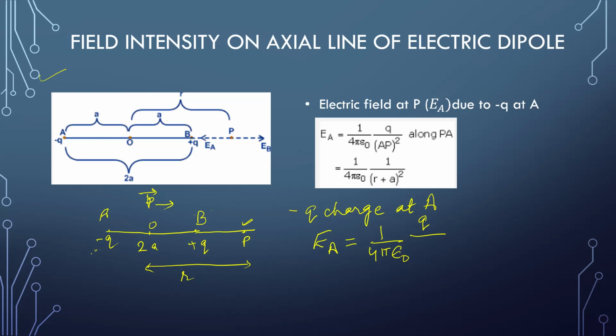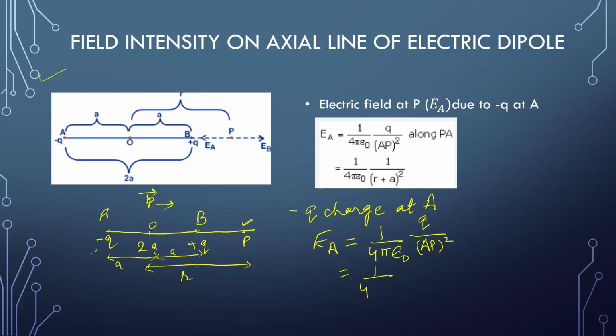1 upon 4 pi epsilon naught q upon, what is the distance between minus q and P? You can see between O and P it is r, and the distance between AO is a, and the distance between OB is also equal to a, because O is the center of the dipole. So what is this? AP squared.